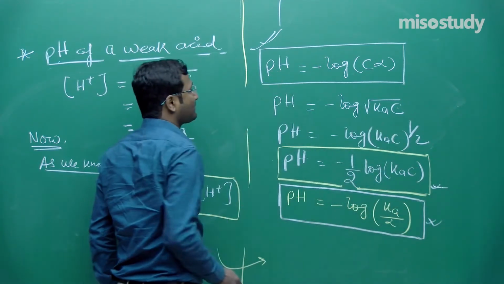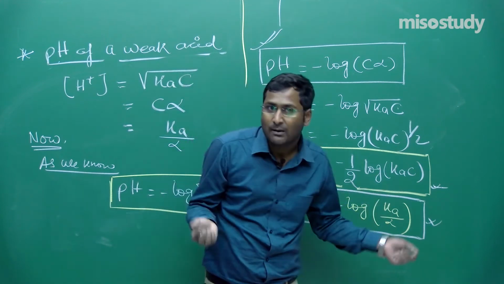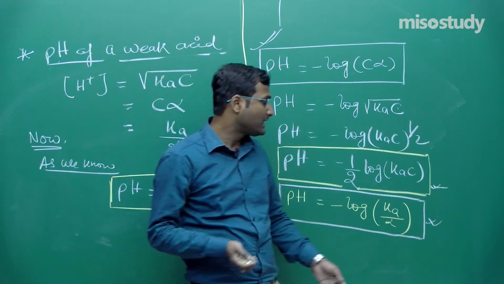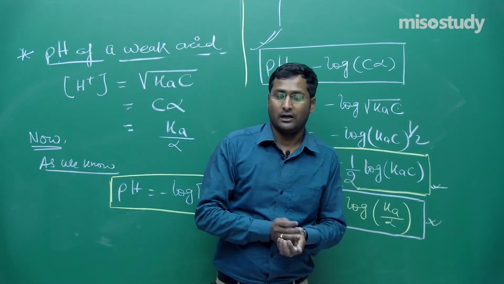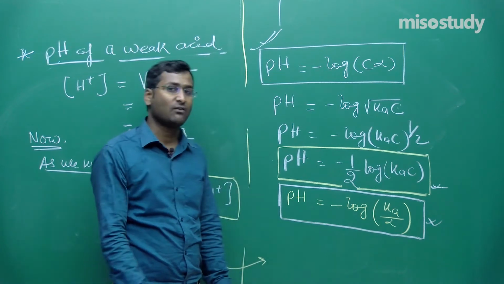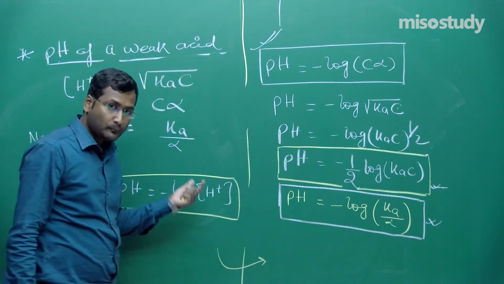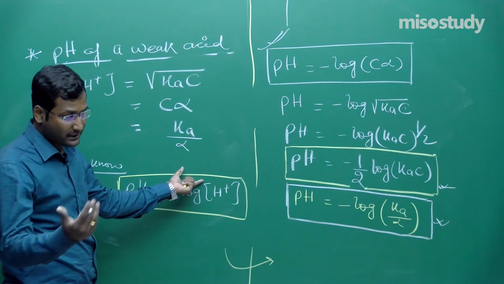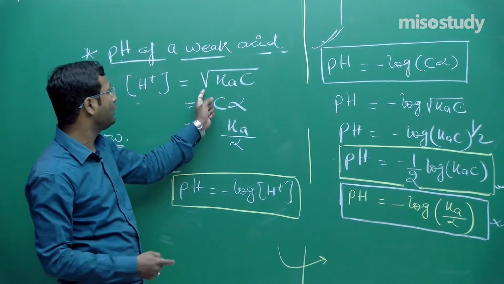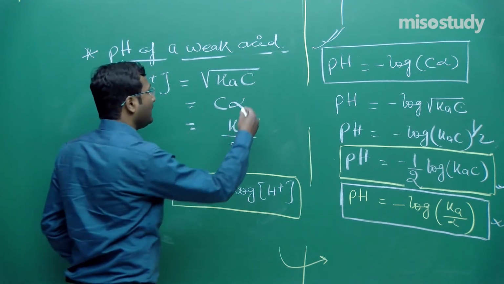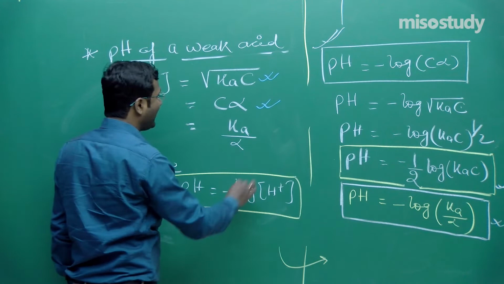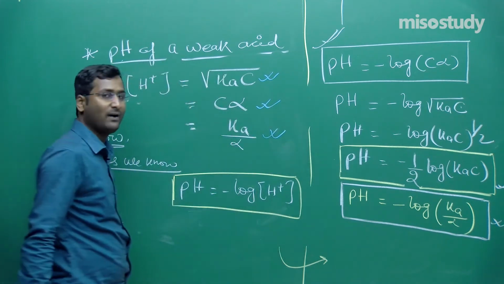These are the three expressions for pH in terms of concentration, in terms of degree of dissociation, and in terms of equilibrium constant. So if anyone asks you the expressions for pH for different acids, as we know, H plus is equal to root under KaC, then it is equal to C alpha, and then Ka upon alpha. Are you getting my point?